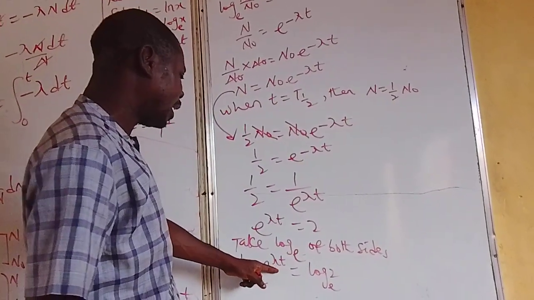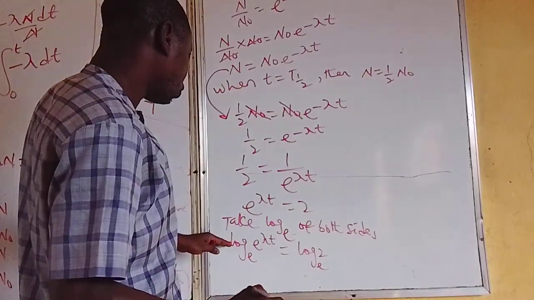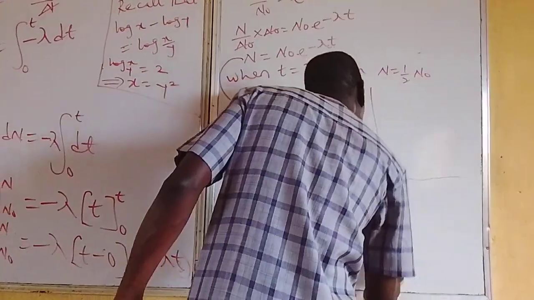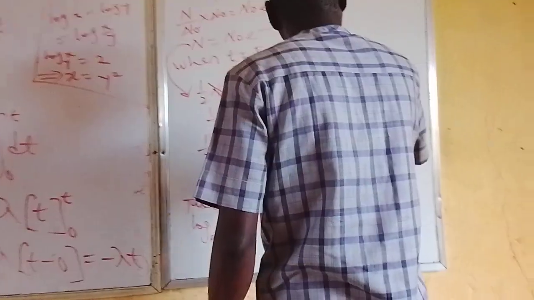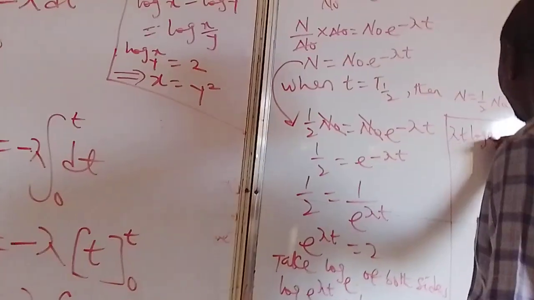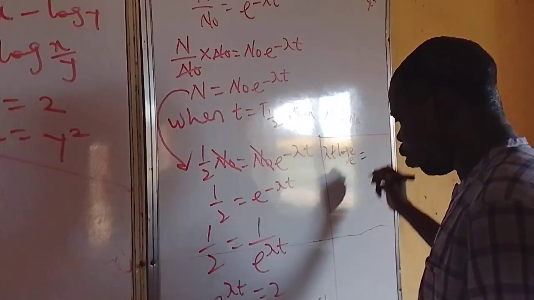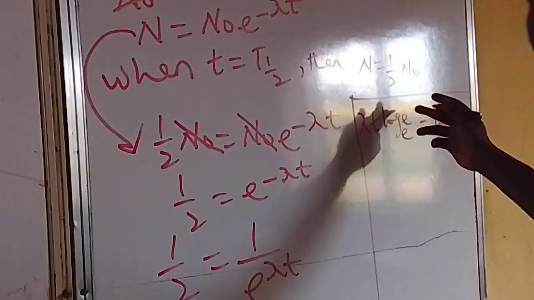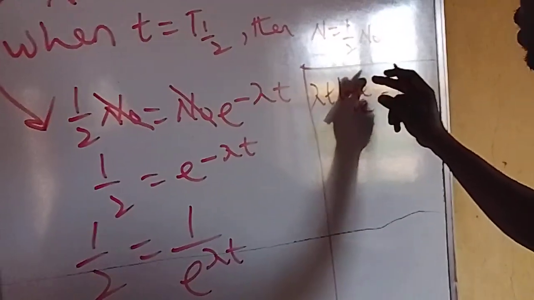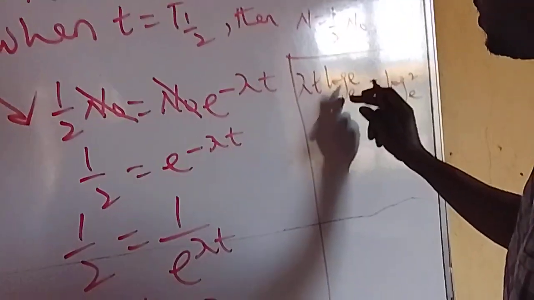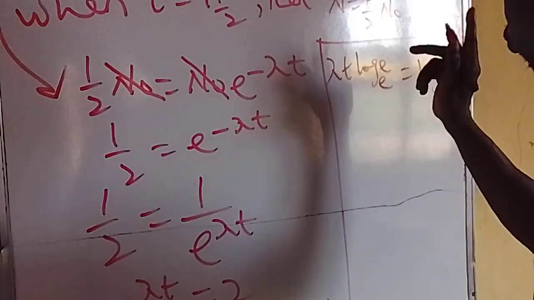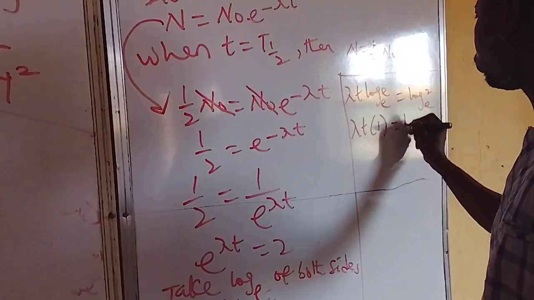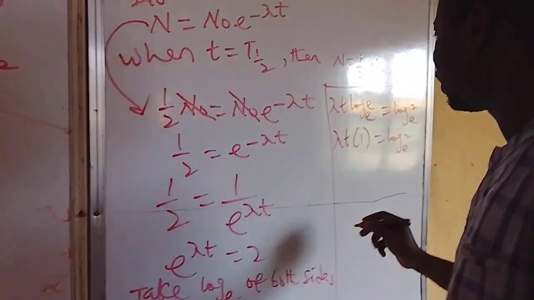From the rule of logarithm, this power moves to the front. So we have lambda t log e to base e is equal to log 2 to base e. From the rule of logarithm, when you have the same log and the same base, it is a neutral number, which is 1. So lambda t multiplied by 1 is equal to log 2 to base e.